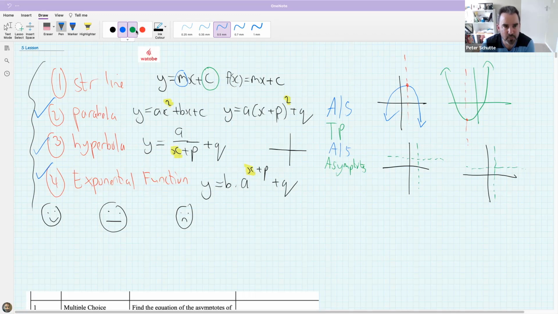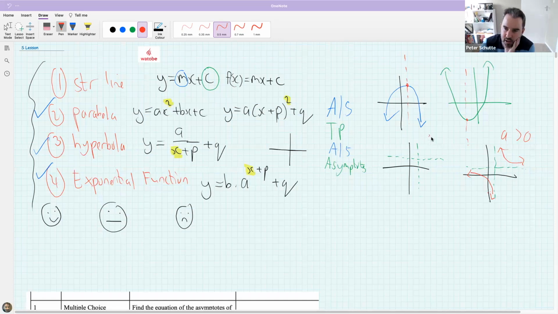If the hyperbola has a value that's positive, so if a is greater than 0, it will look something like that. Oh, let me redo that. So if it's kind of like a happy hyperbola, it looks like that.